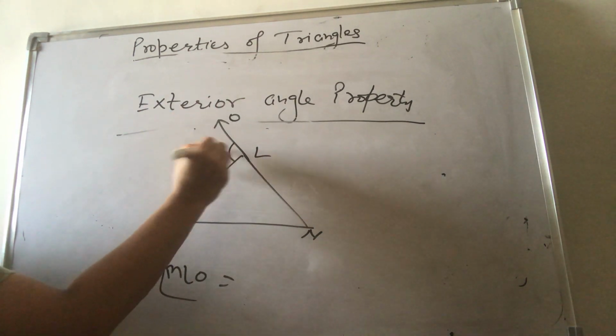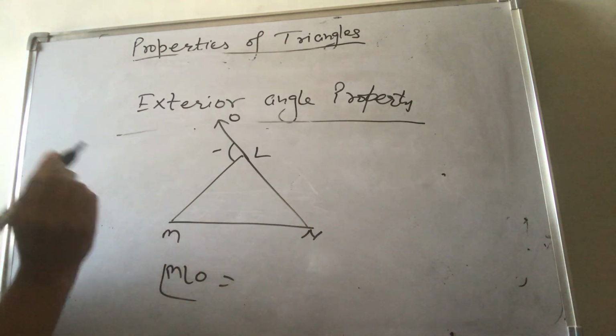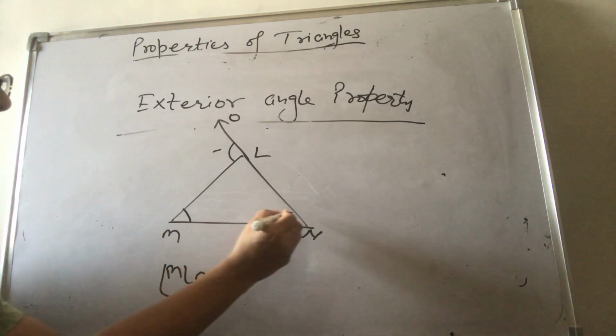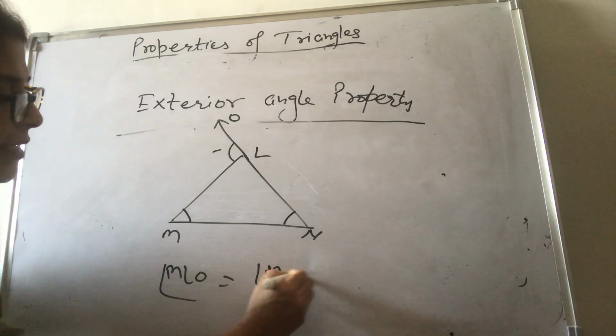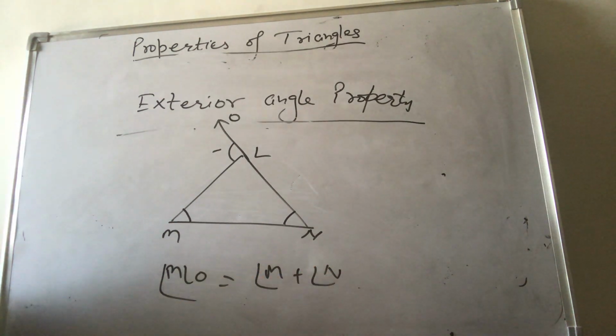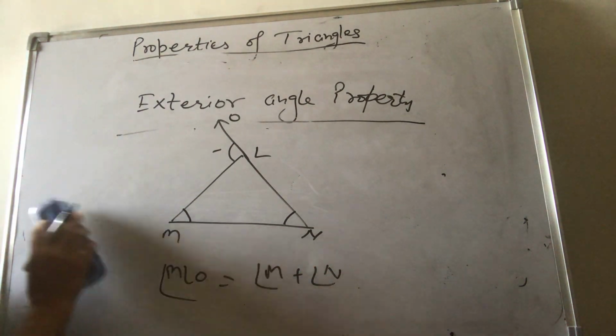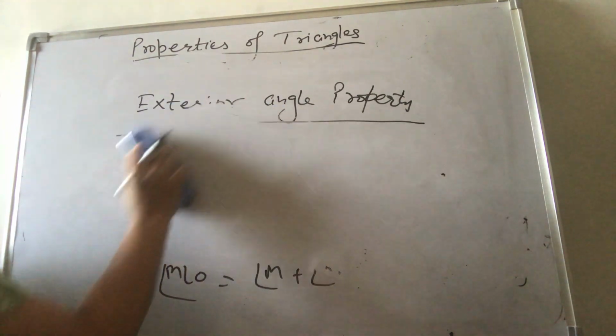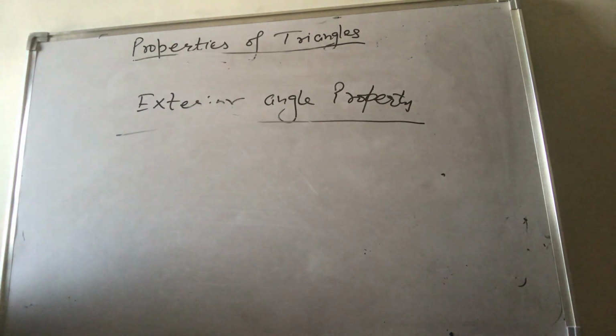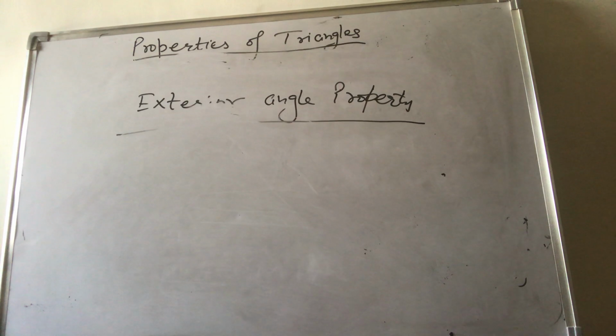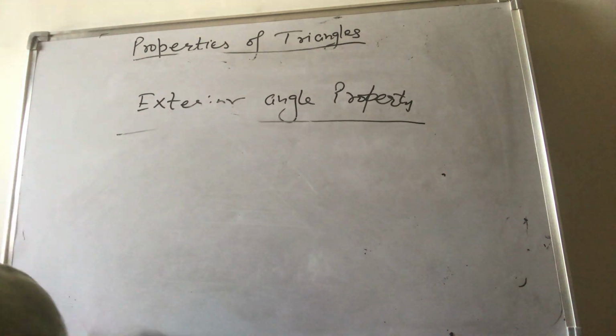That exterior angle will be equal to the interior opposite angles, that is angle M plus angle N. I hope exterior angle is very much clear to you. And the property says that the exterior angle of a triangle is equal to the sum of the two interior opposite angles.